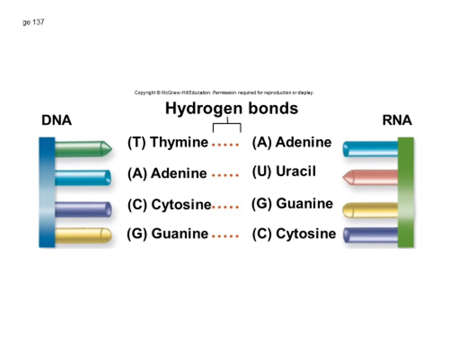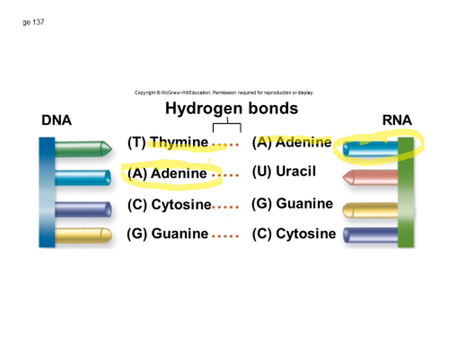A pairs with T, but RNA doesn't have a T. So for example here, you've got thymine, T. T's pair with A's. So RNA puts together an A. So we're essentially creating the message. We're creating mRNA. So an enzyme comes and sees the A right here.